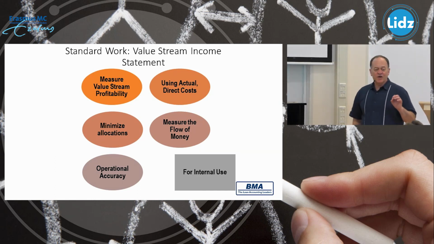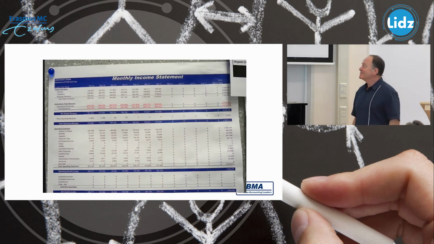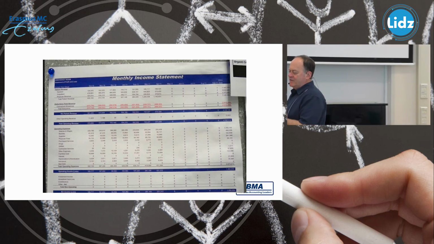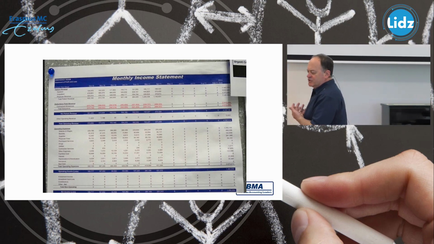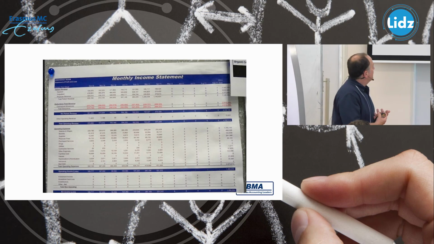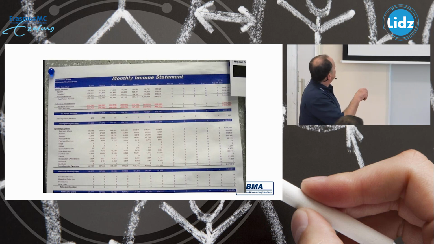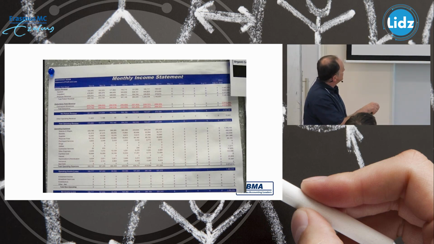We're trying to serve our customers. So it's just the format. All the numbers come out of the general ledger. You just create a format that's easy to understand by each value stream, and it looks like your typical income statement.